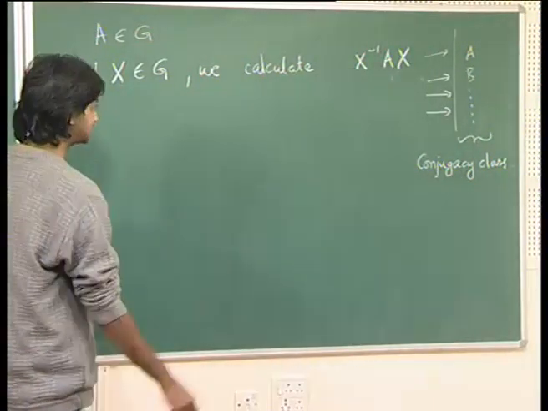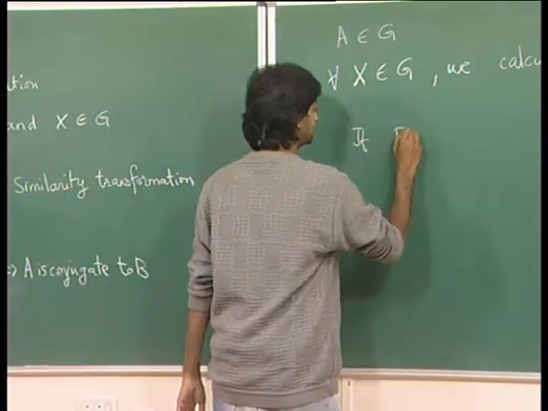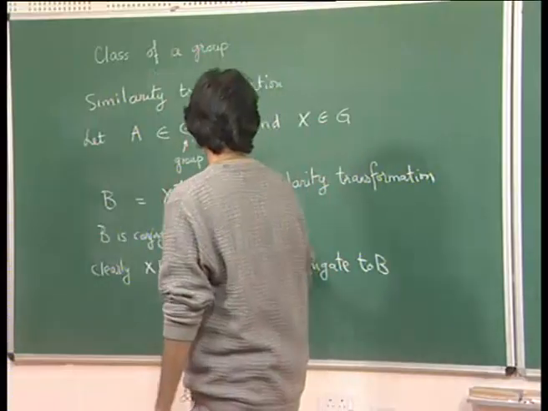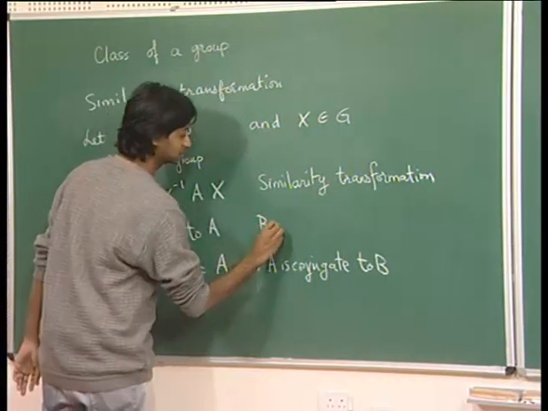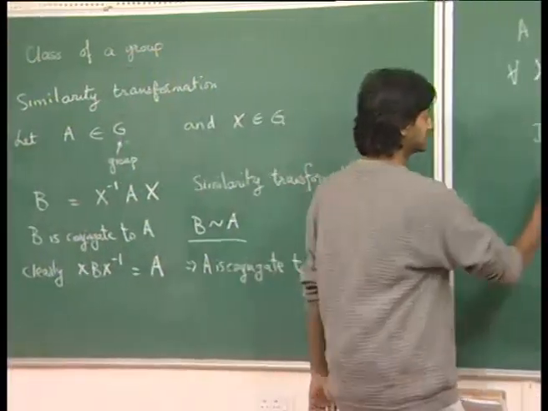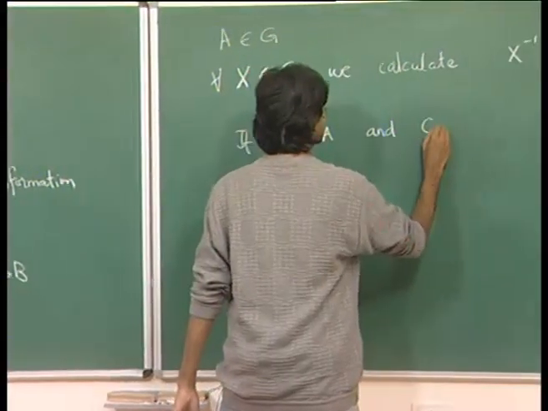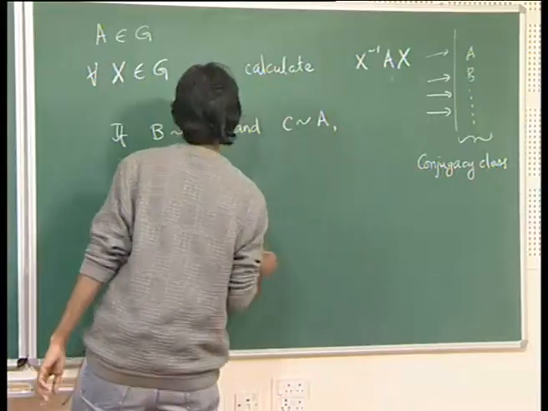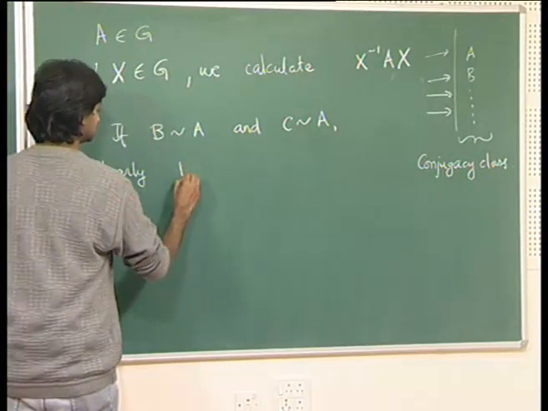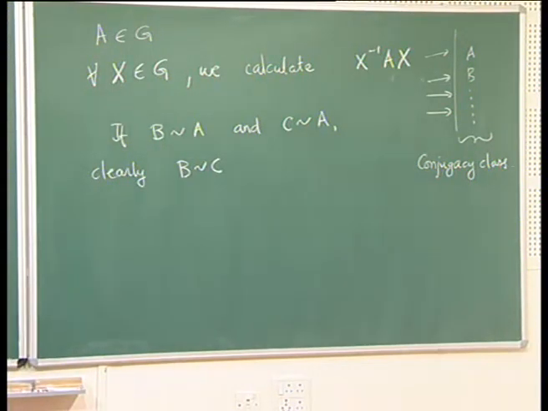The other thing I should mention is that if B is conjugate to A, we write it as B is conjugate to A. This is the notation. So, if B is conjugate to A and C is conjugate to A, clearly B is conjugate to C. Let us show this.